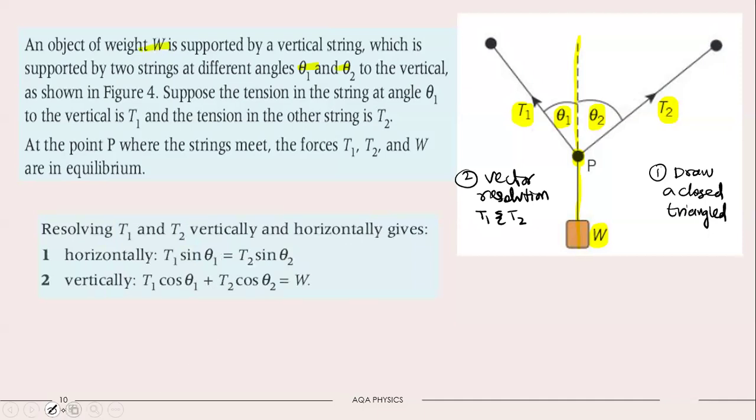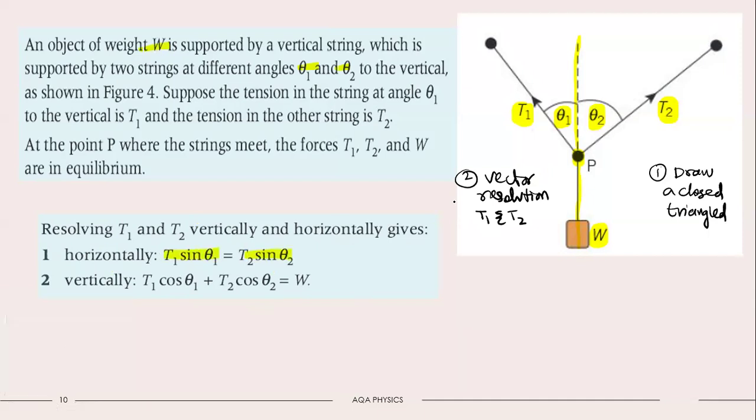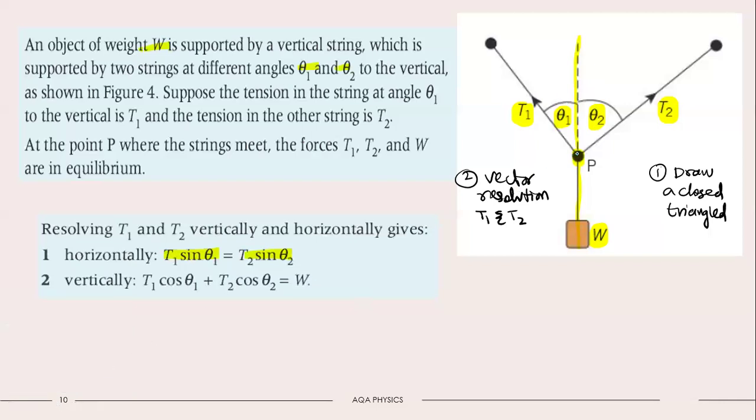If you resolve the vectors T1 and T2, you can see that T1 sine theta 1 will be equal to T2 sine theta 2, and that will be the horizontal component. Let me do that for you. If you resolve T1, the component adjacent to the angle is what?